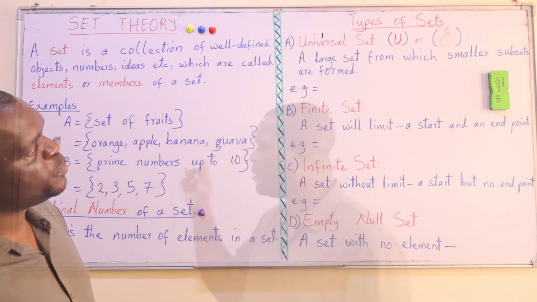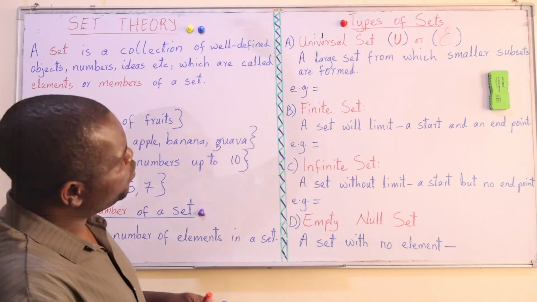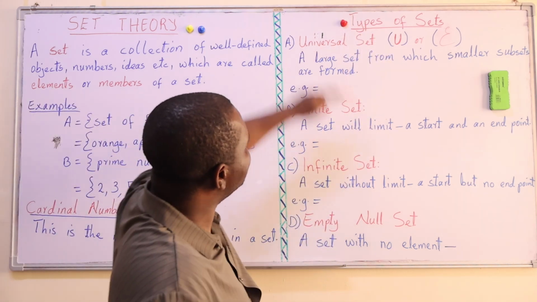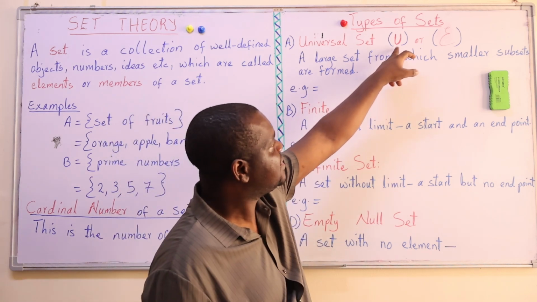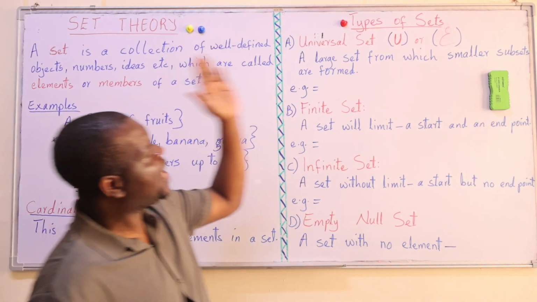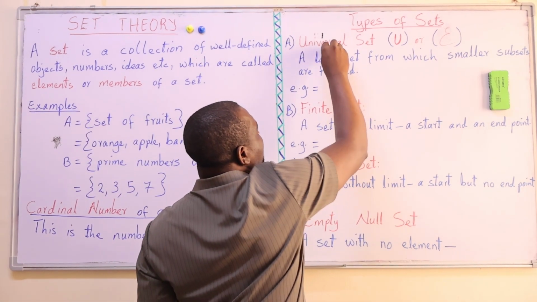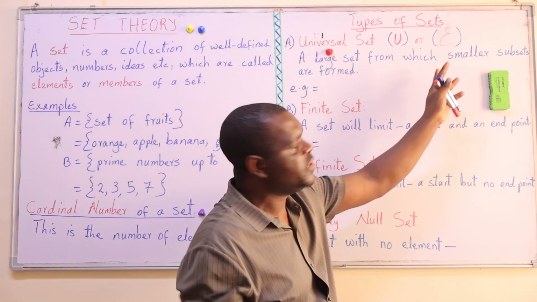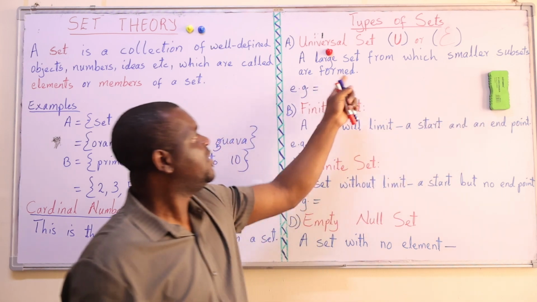Let us now move to the types of sets. The first one that is listed on the board is the universal set, and it is denoted by this symbol or this. The universal set is a large set. I want you to take note of this word, large set, from which other smaller sets or subsets are formed.